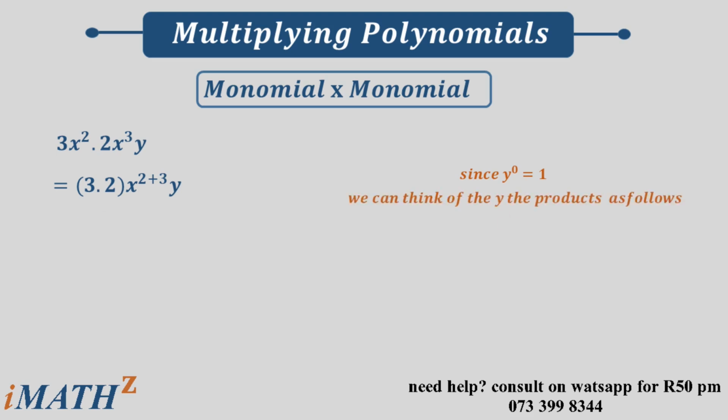If y to the power 0 was multiplied by y to the power 1, the common base would be y, and the exponent would be 0 plus 1, which is equal to y to the power 1, and that simplifies to just y. That explains how we got the y in this expression.